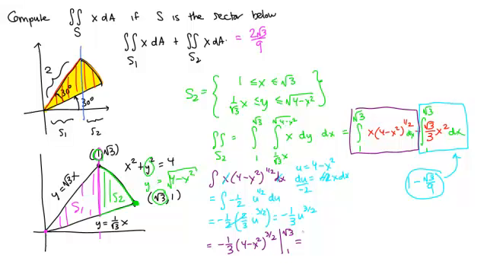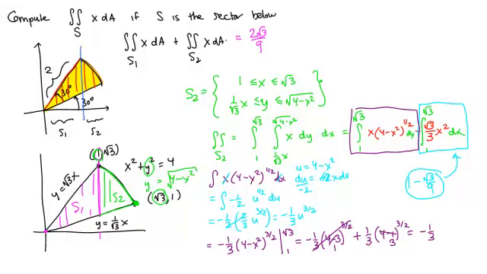If we plug in root 3, we're going to get minus 1/3 times 4 minus 3 to the 3/2 power, minus negative 1/3. If we plug in 1, we're going to get 4 minus 1 to the 3/2 power. So this first expression is just 1, and 1 raised to any power is 1. And so we're just going to get negative 1/3. On the other hand, this right here is nothing more than 3 to the 3/2 power.